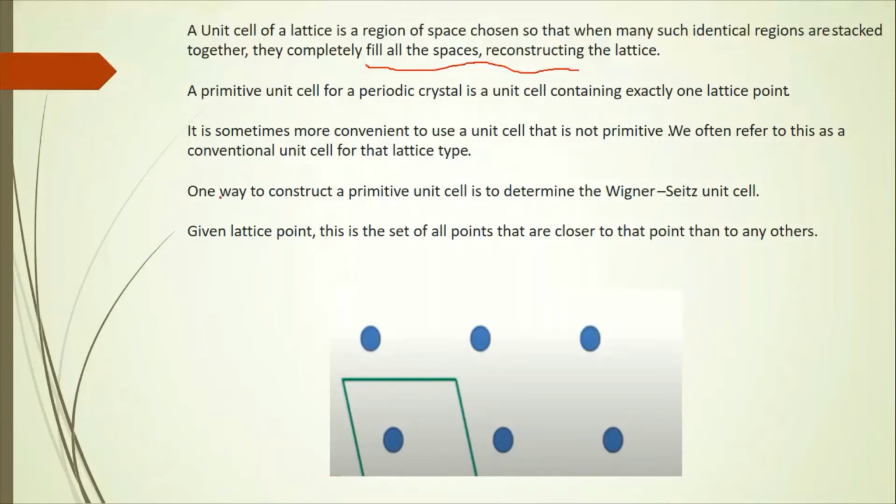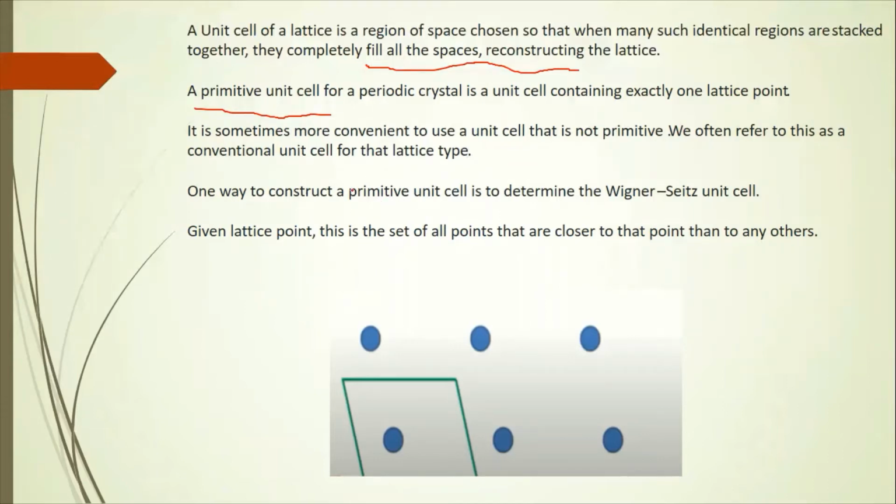Another way to construct a primitive unit cell is to determine the Wigner-Seitz unit cell. Take a point in the lattice and include all the points that are closer to that point than to any others. It is important that the frame itself is exactly on the lattice point.